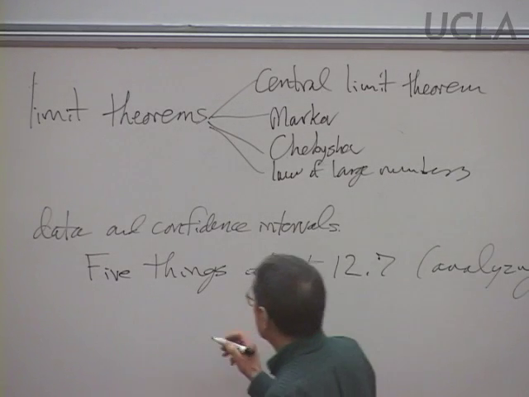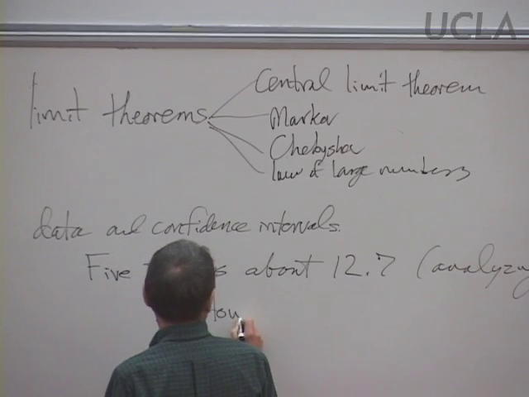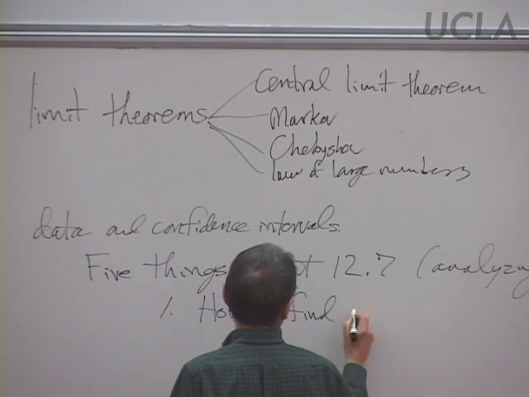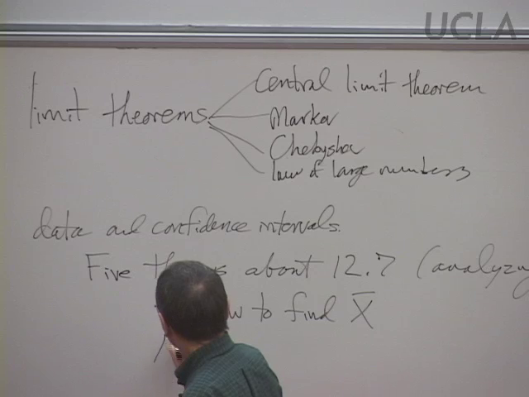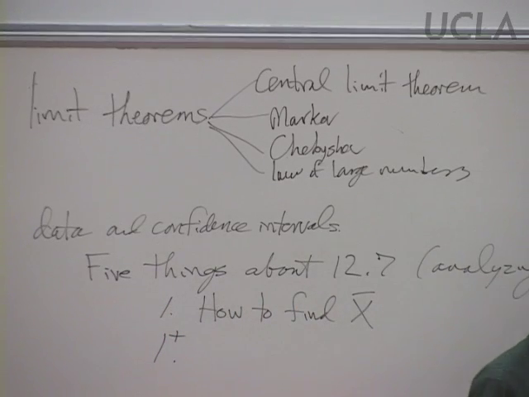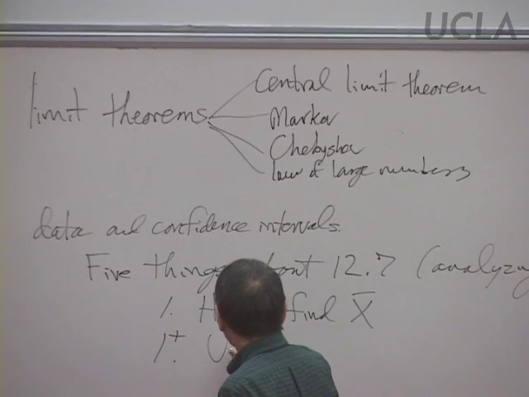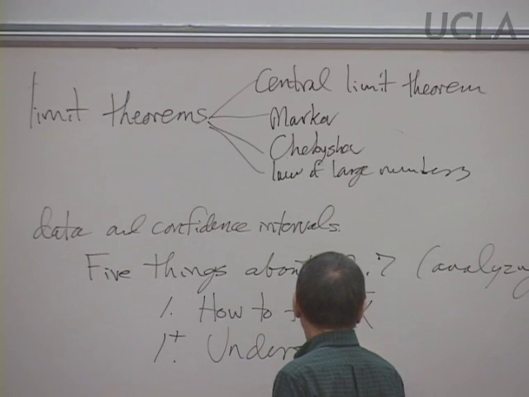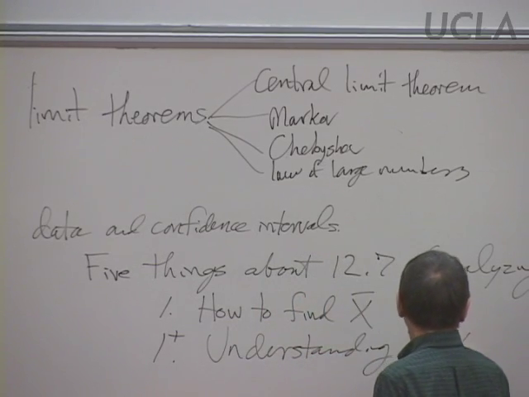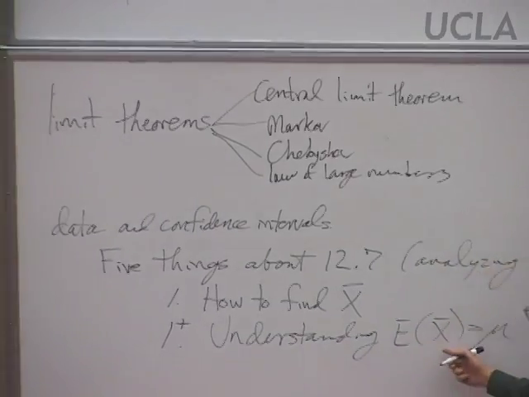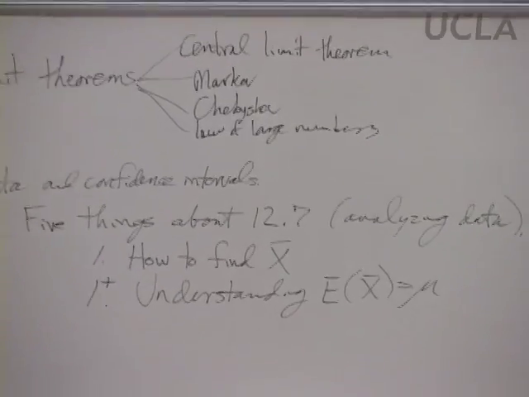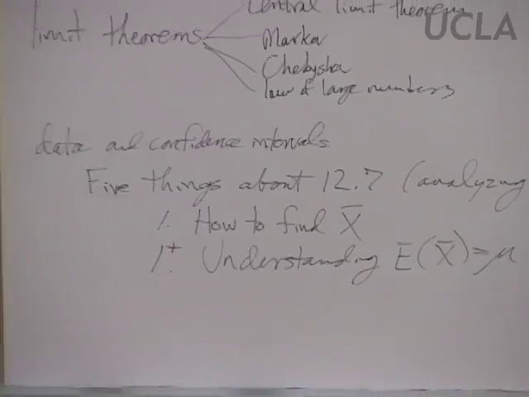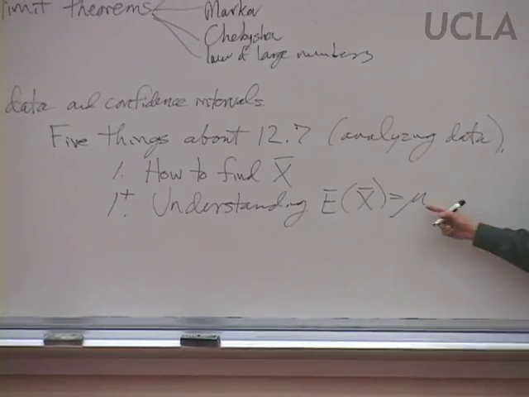We talked about how to find the sample mean and understanding what the sample mean is telling us. Specifically, its expected value is the mean, where we have independent, identically distributed measurements with mean mu.